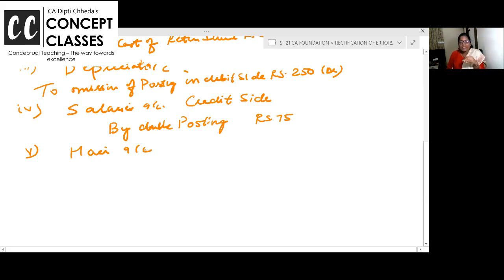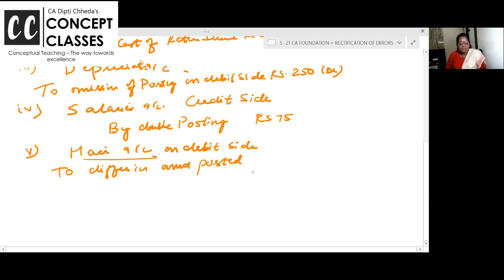Instead of that, it is debited 115. So now go to Hari's account and debit. On the debit side, go to Hari's ledger and write down the difference in amount posted. You had to post what?